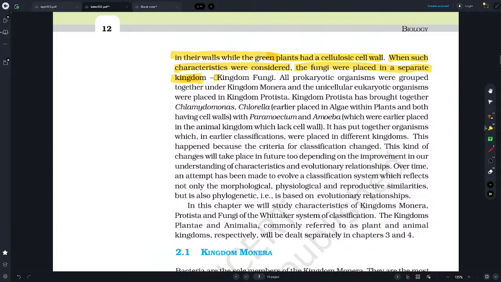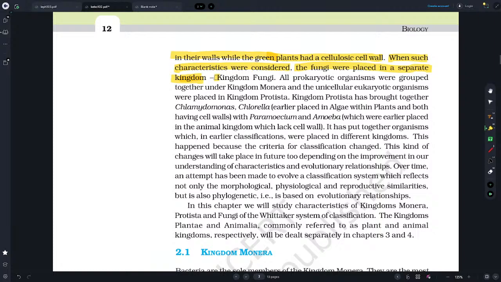The cyanobacteria are unicellular, colonial or filamentous, freshwater, marine or terrestrial algae. Basically, there are many hundreds of thousands of types of bacteria, and under the true bacteria or eubacteria category, it is categorized if they have a rigid cell wall and if they are motile with the presence of flagellum.